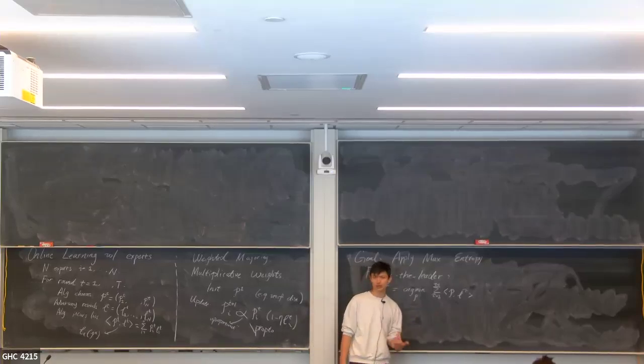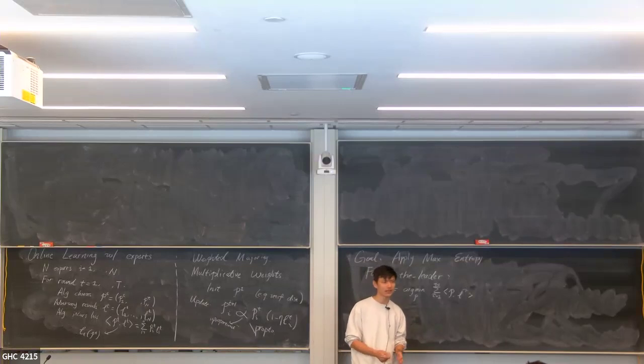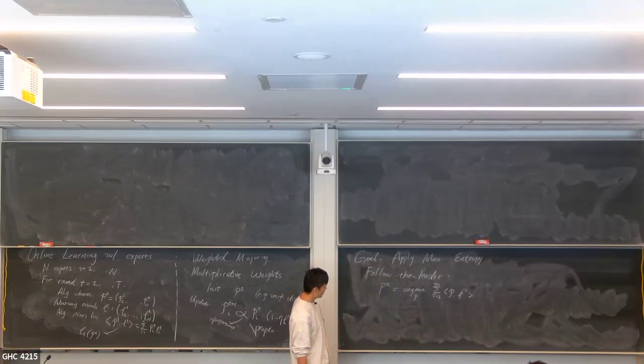The adversary could always screw you up. Whenever you decide one expert is good and bet all your money on it, the adversary can actually put all the loss on it and set the loss for other experts to be 0. Okay. So good.